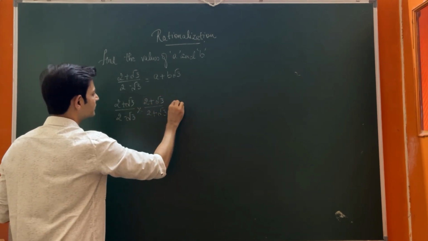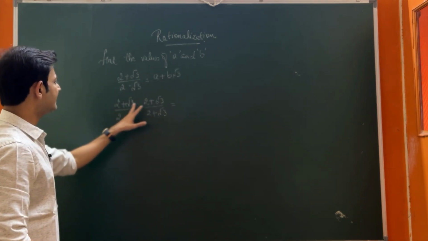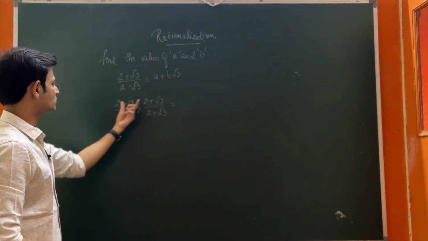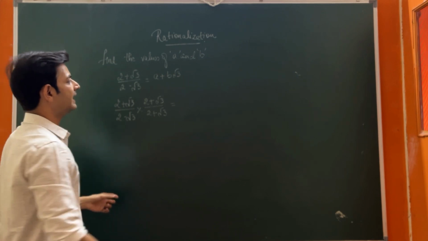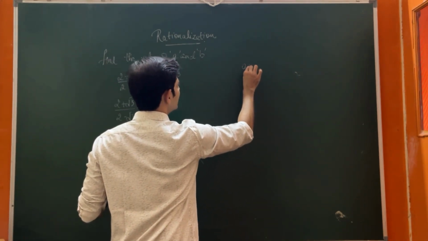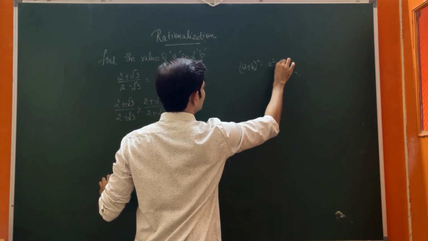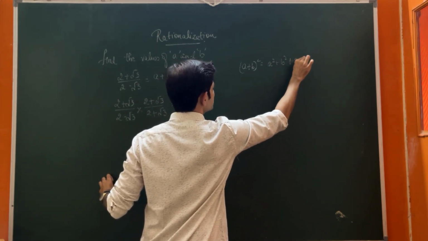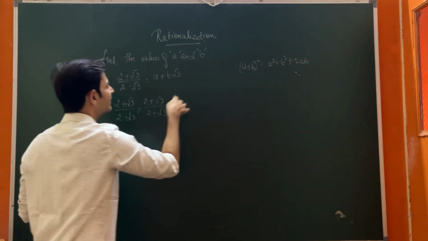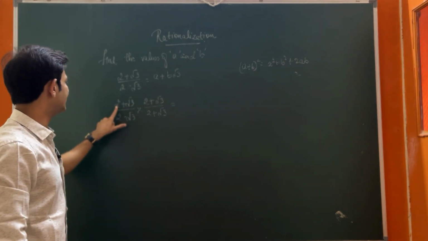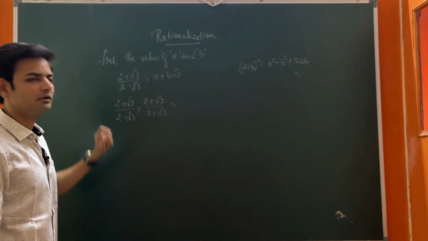If we solve it further, in the numerator we get a plus b the whole square, because it is 2 plus root 3 into 2 plus root 3. So a plus b the whole square is equal to a square plus b square plus 2ab. We will apply the same formula here, where my a is 2 and b is root 3.